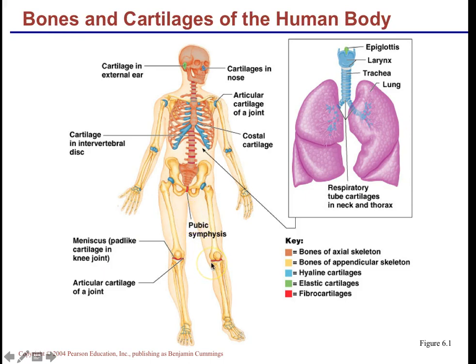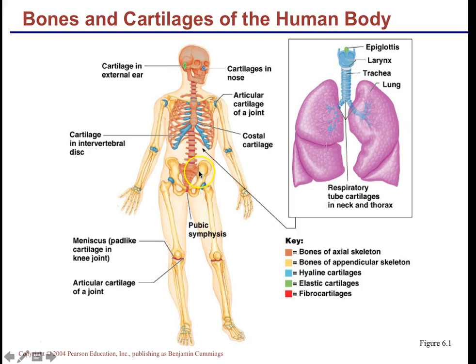So this is a lovely diagram that's color-coded. This color is the bones of the axial skeleton, like the skull, the vertebral column, and the ribs. The bones of the appendicular skeleton are obviously going to be your hands and legs.